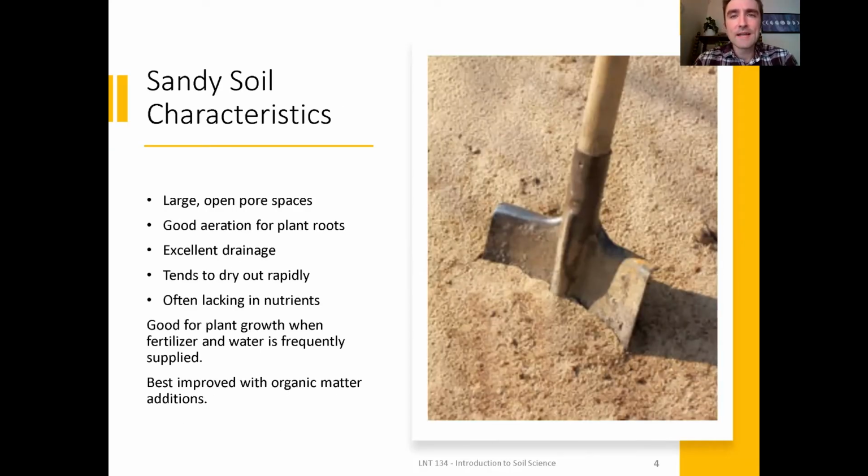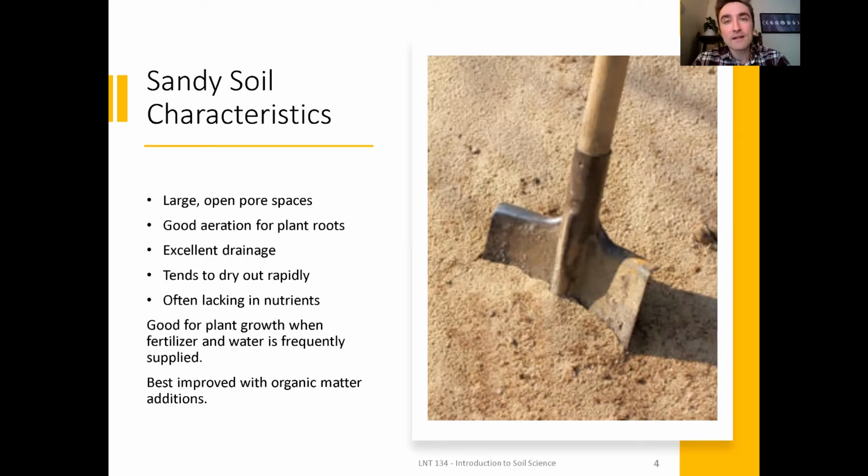Sandy soil is the biggest in particle size. So therefore, we can have some expected results. And so we will have large, open pore spaces. We will have good aeration for plant roots, excellent drainage. On the other hand, it'll tend to dry out more quickly and may often be lacking in nutrients because as the water flushes through, it will pull the soluble nutrients away from the rocks.